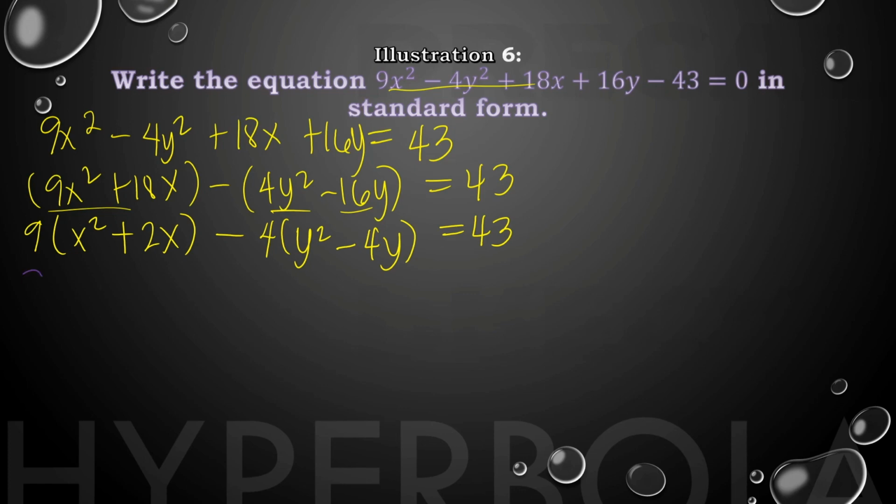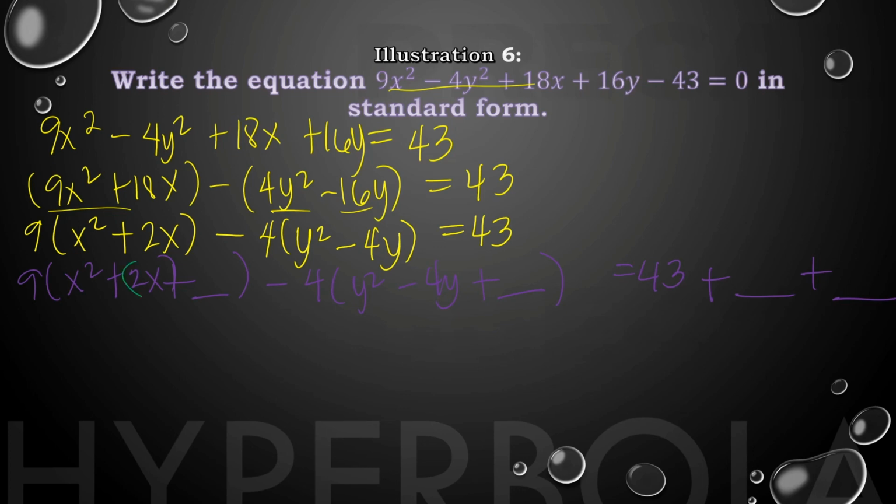So, again, 9 times x squared plus 2x plus the third term, minus 4 times y squared minus 4y plus the third term, is equal to 43 plus yung i-add natin. Yung sa paghahanap ng third term, again, divide lang natin yung coefficient ng middle term by 2 and then square natin.